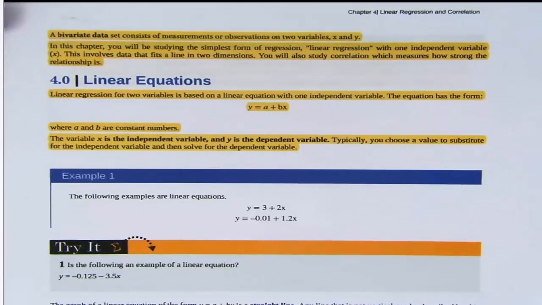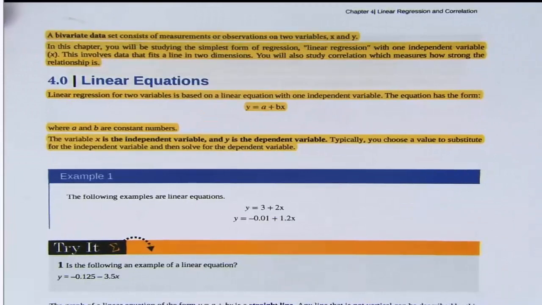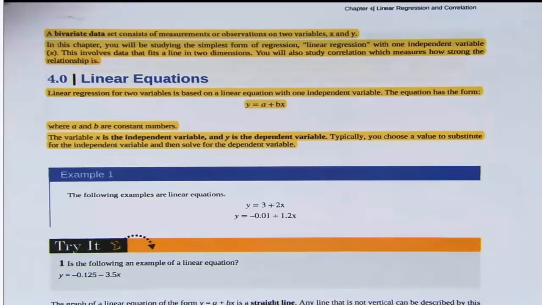In this chapter, you will be studying the simplest form of regression, called linear regression, with one independent variable, x. This involves data that fits a line in two dimensions. You will also study correlation, which measures how strong the relationship is.